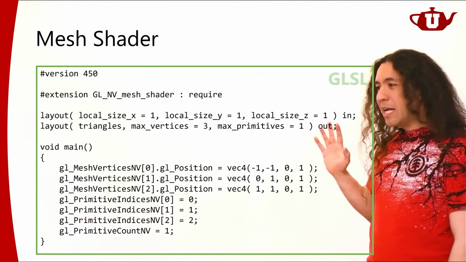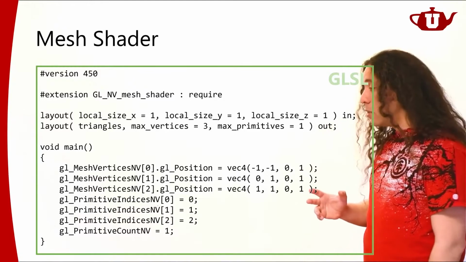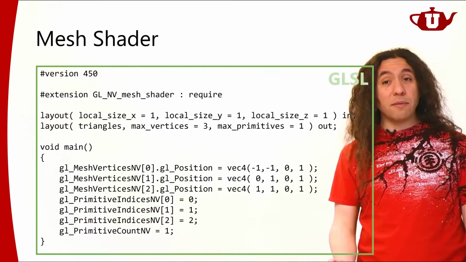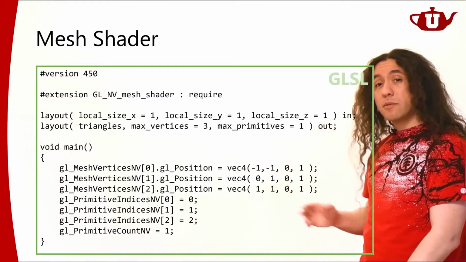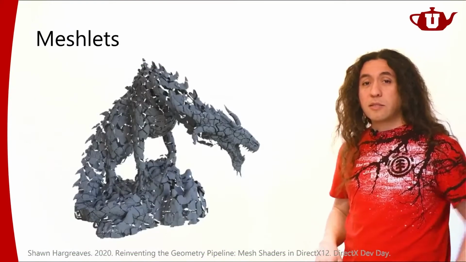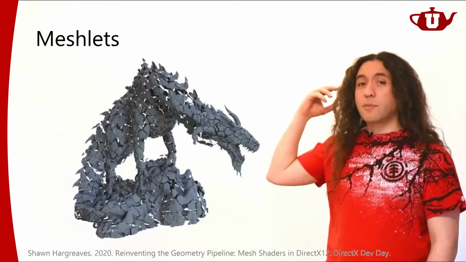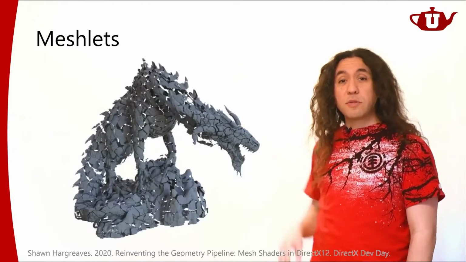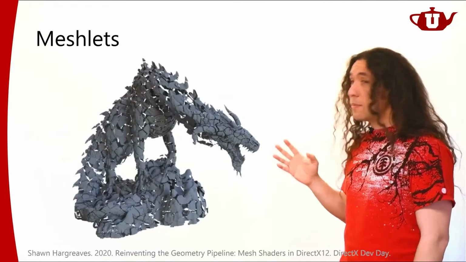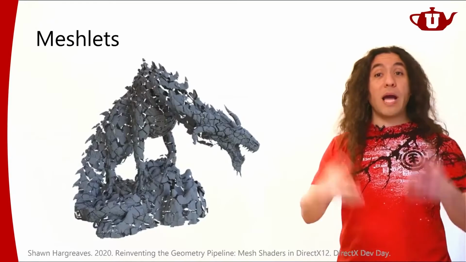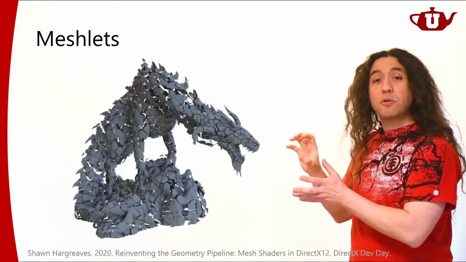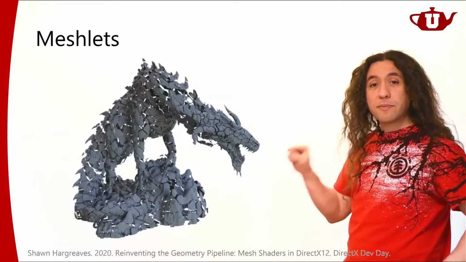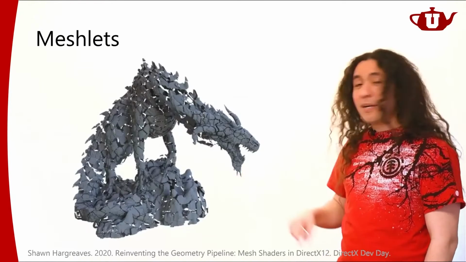Now, about the way mesh shaders are recommended to be used today. These are super flexible shaders. You can do whatever with them, right? But the way they're recommended to be used is using this concept of meshlets. You would take your mesh and pre-process it way before rendering, while you're preparing your asset, and split it into multiple meshlets, these little pieces here.